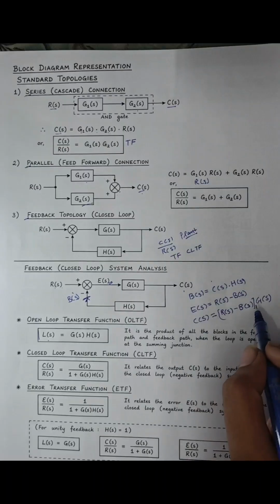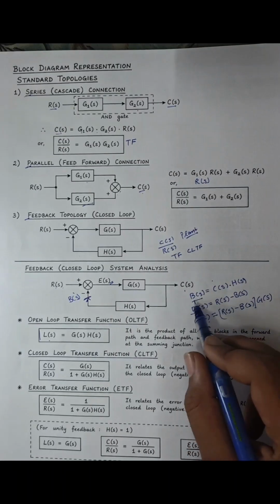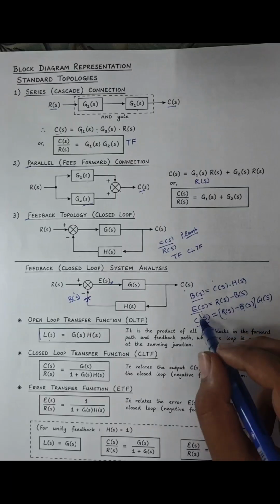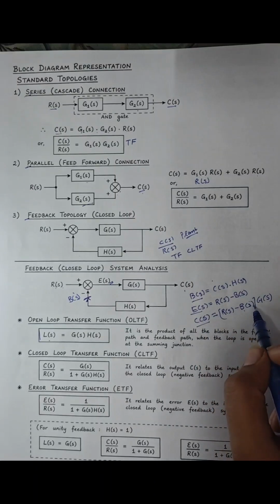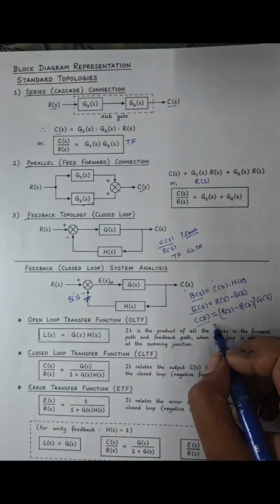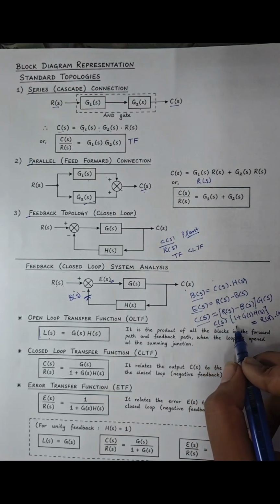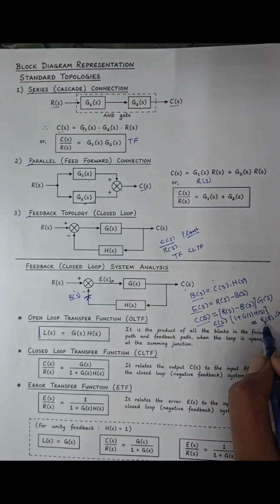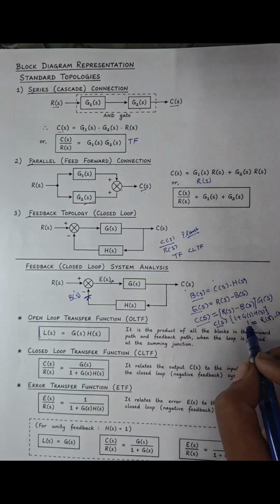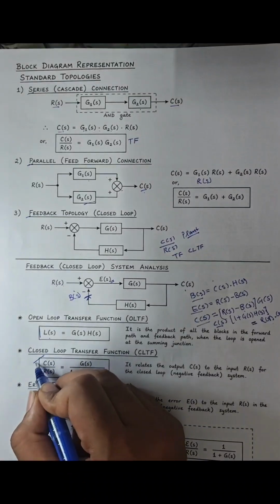So this is the final equation we will get: C(s), E(s), B(s). We will put B(s) here. This will equal C(s) into H(s). This C(s) we will take as common. So what will be left here? The overall equation will become C(s) times (1 plus G(s)H(s)) equals R(s) into G(s). Now we will take the C(s) by R(s) ratio, which comes out to be this.